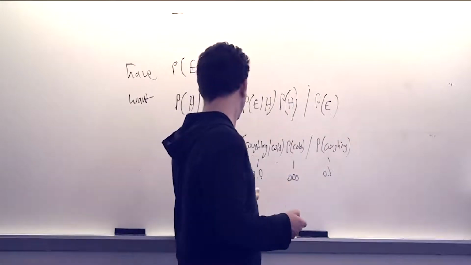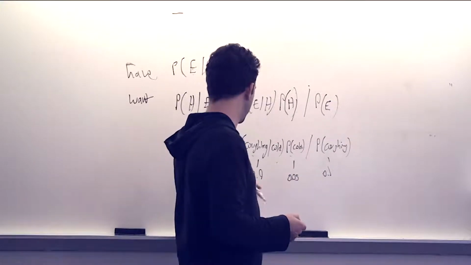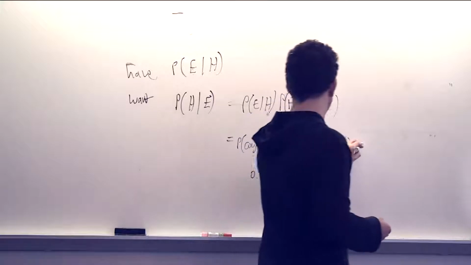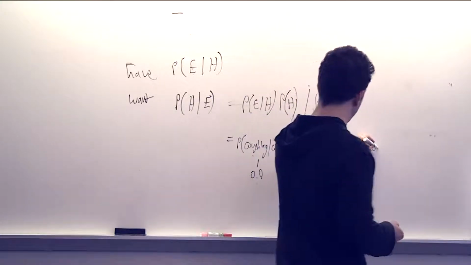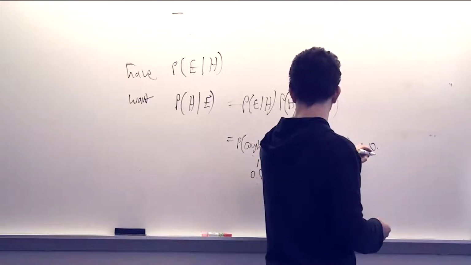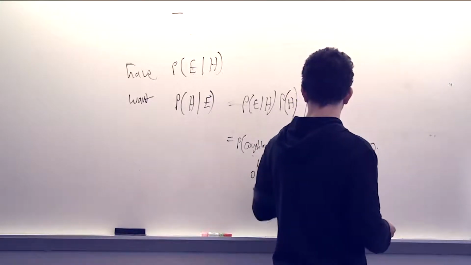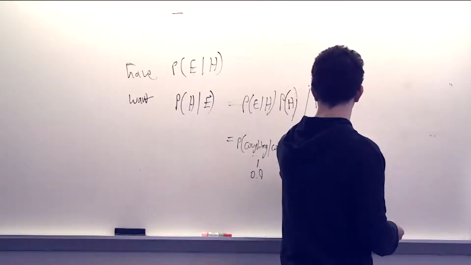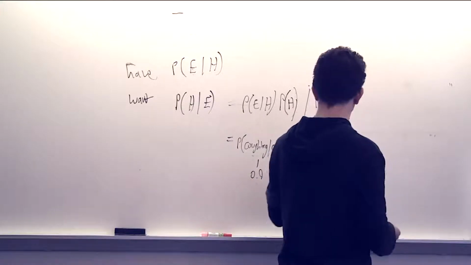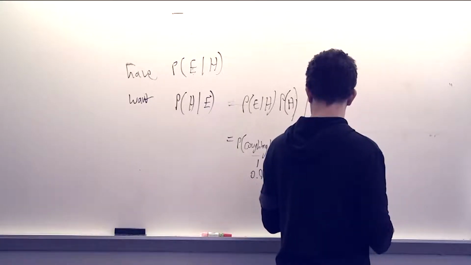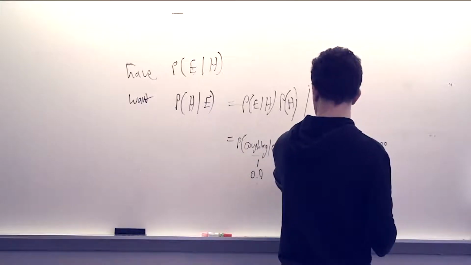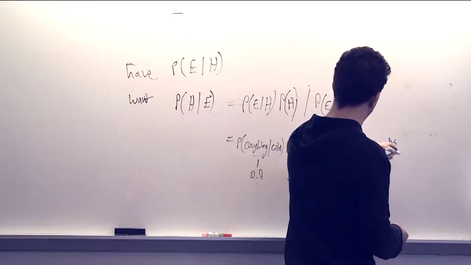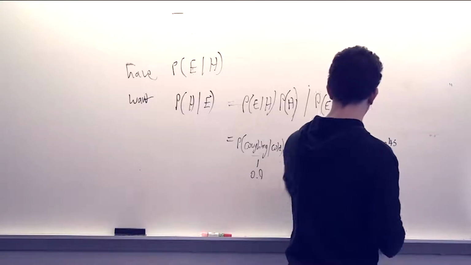So what do we get? We get 0.9 times 0.005, so that's 0.045, divided by 0.1.